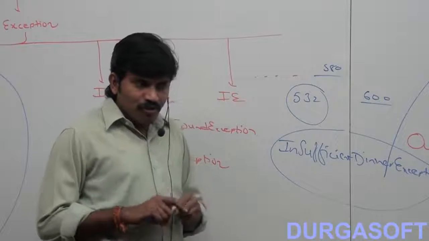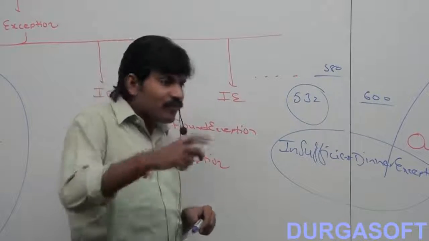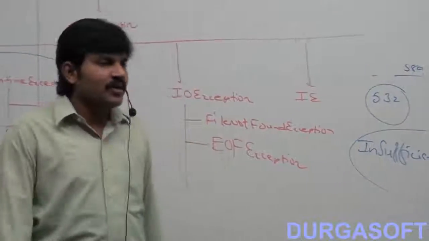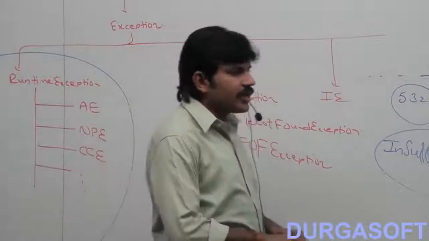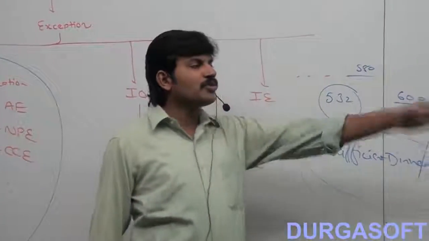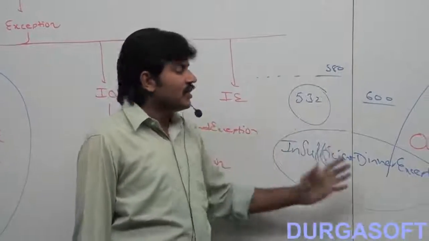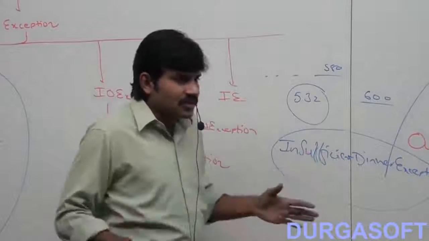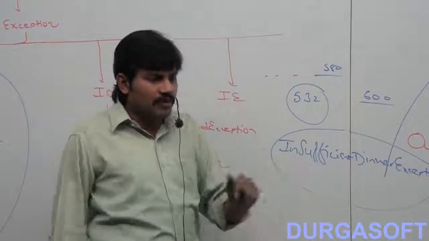So who is going to play the grandfather role in our program? The compiler. The exceptions which are checked by the compiler for smooth execution of the program at runtime are nothing but checked exceptions. It doesn't mean the exception occurs compulsorily. There is a possibility, right?